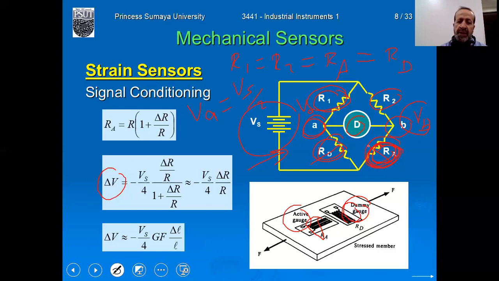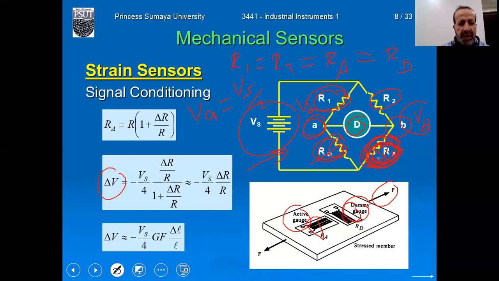So the temperature effect will be the same. The change in resistance due to temperature in this one equals the change in resistance due to temperature in the other, and the effect is cancelled. Only the change in length due to the force will be active in the active strain gauge. So VB is increasing, VA is constant.